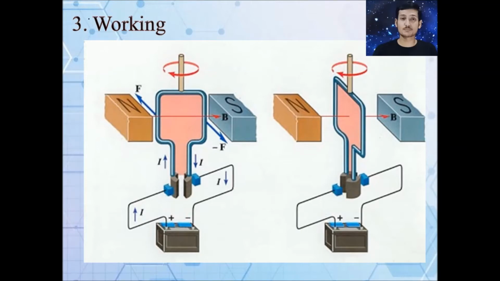So one part of the coil is applying force inside and one part of the coil is applying force outside. So there is a rotating twist here. So that's why this coil starts rotating. After half a cycle, the left part becomes right and the right part becomes left. So again the force we feel is in the same direction, so it keeps on rotating.